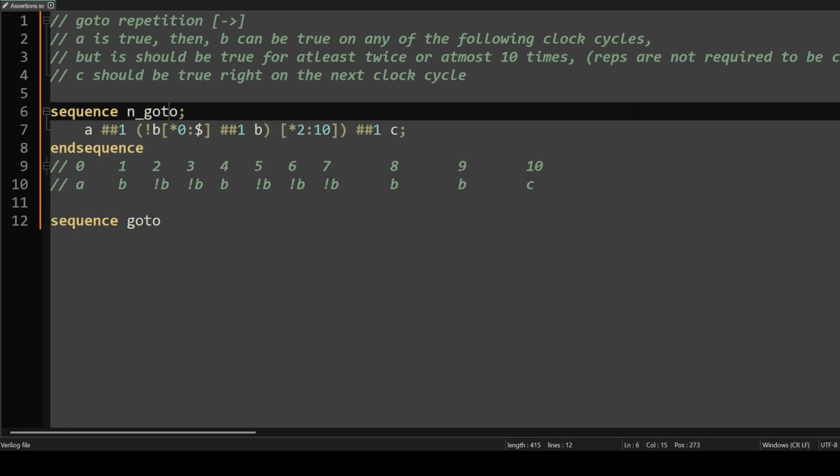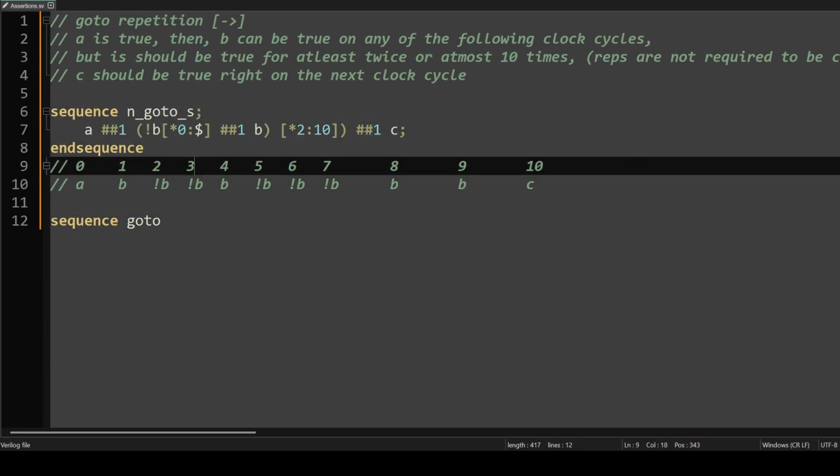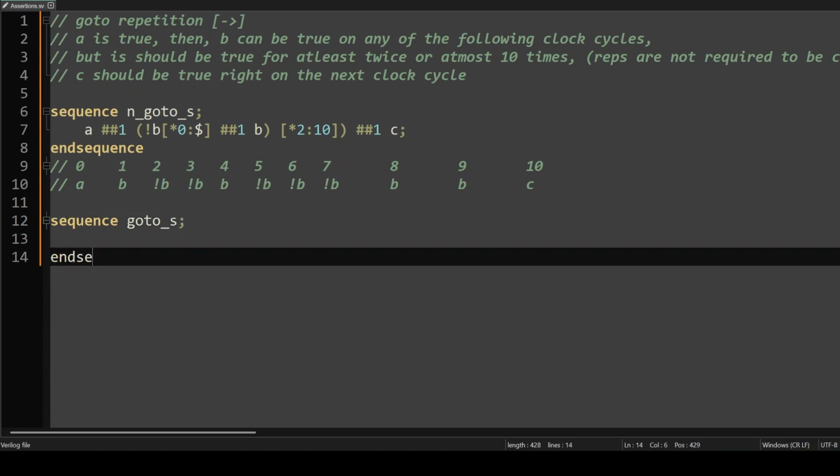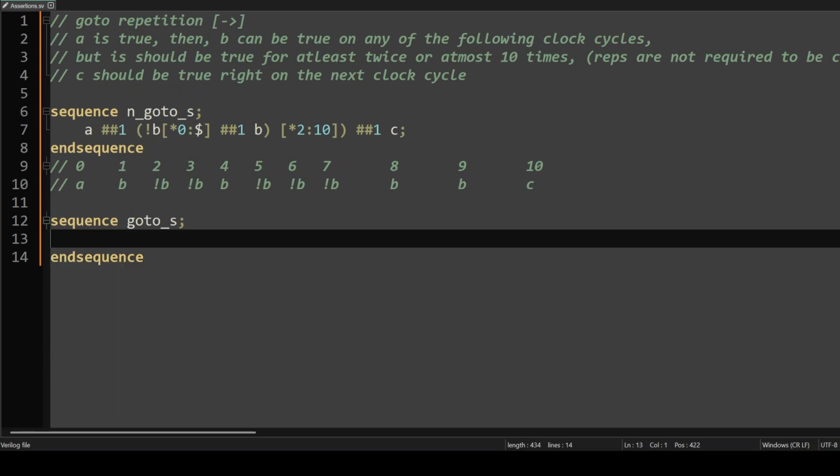And after sequence, I will put underscore s. So during debugging it will be very easy. You just have to search for underscore s in the code and you can debug any of the sequences you want. You can do the same thing for properties and others. So right after that, I will end the sequence, and here's the simple trick.